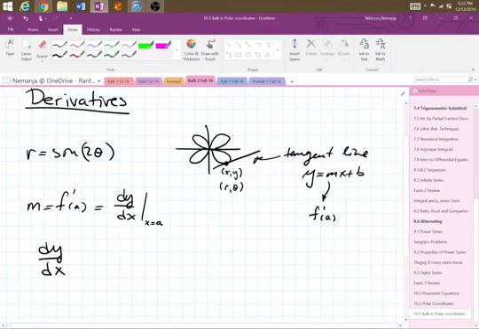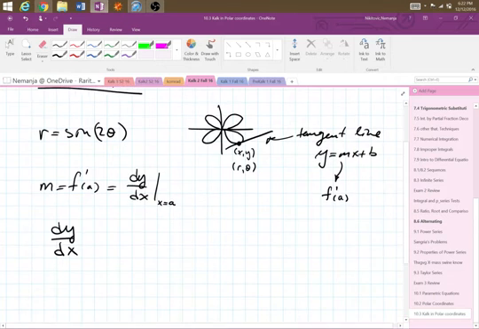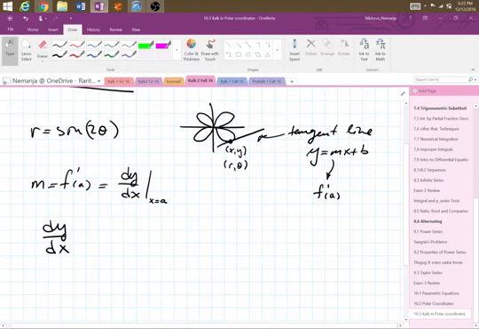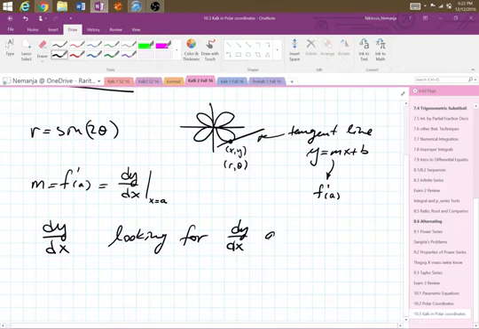But what are you given? You are given the function r as function of theta. So you are looking for dy dx given r equals f of theta. So let's see how we achieve this.